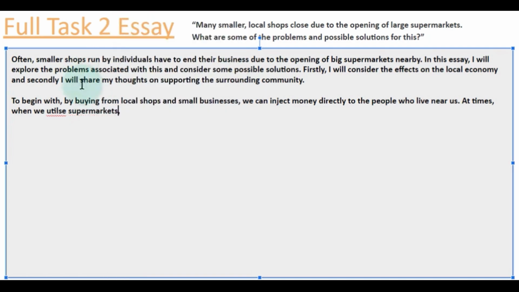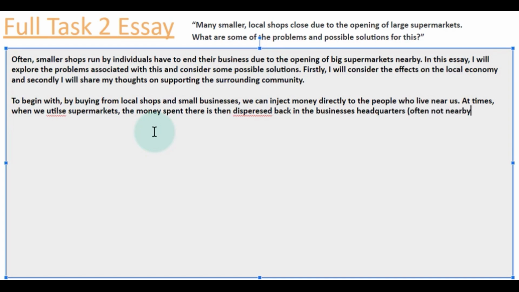This, of course, is the British spelling with the S. At times when we utilize supermarkets, the money spent there is then dispersed back into the business's headquarters.